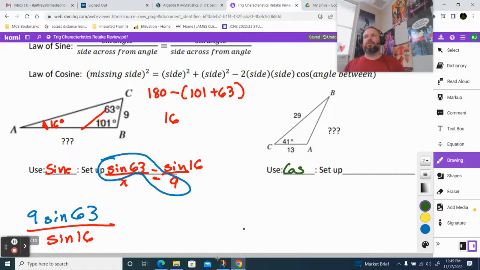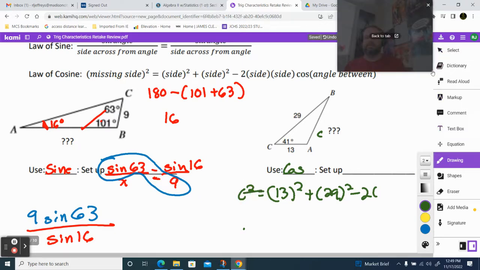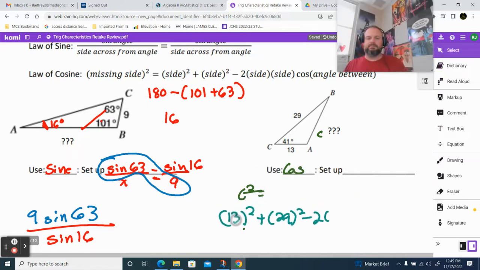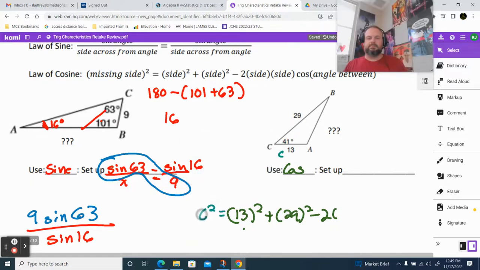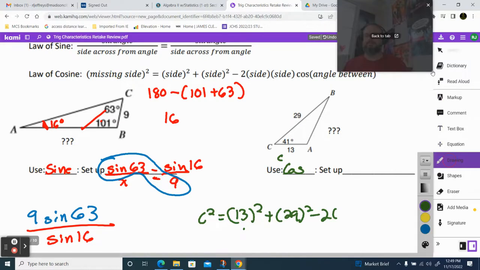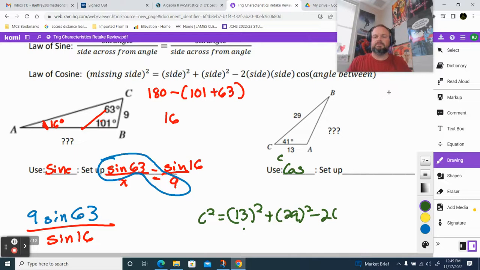If we set this up, we know it's going to be c squared, because it's little c. 13 squared plus 29 squared minus 2 times 13 times 29 times the cosine of 41.